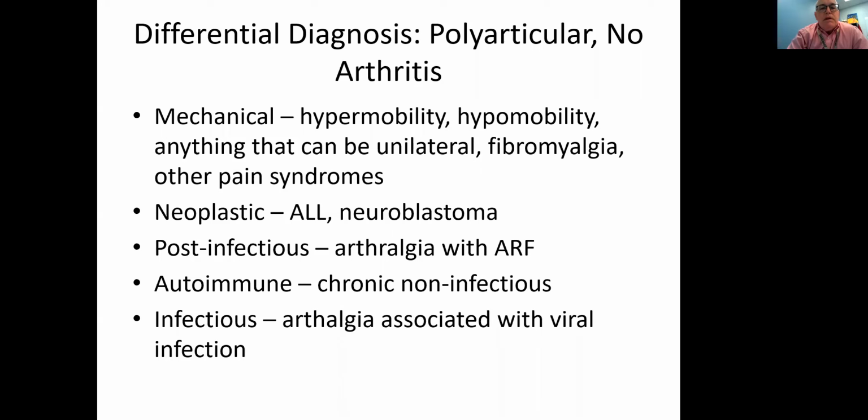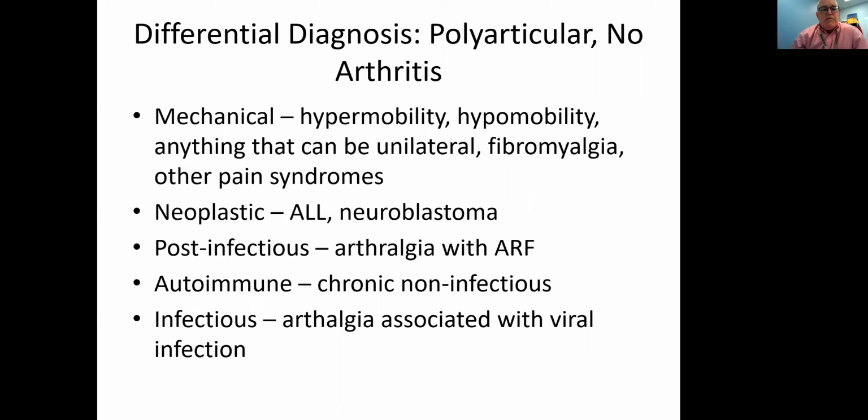Autoimmune: chronic non-infectious osteomyelitis, formerly CRMO, typically is multiple bones. History, radiography, sometimes advanced imaging. Sometimes CRMO will not be seen on x-rays, so advanced imaging with MRI can be helpful.